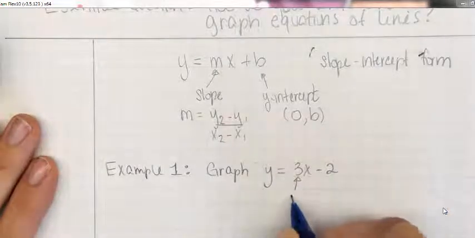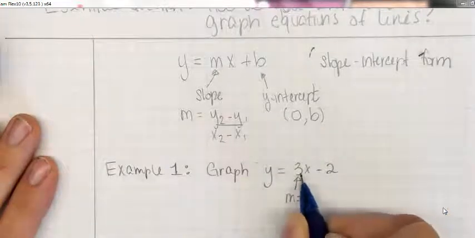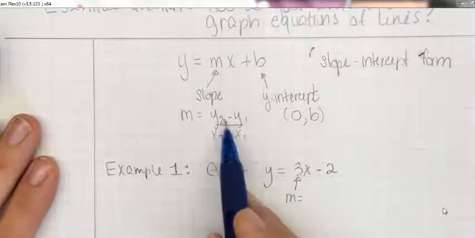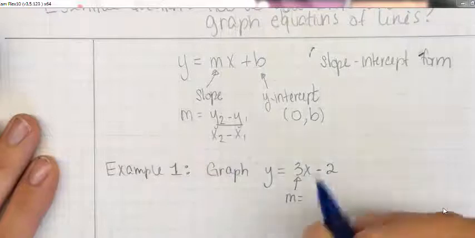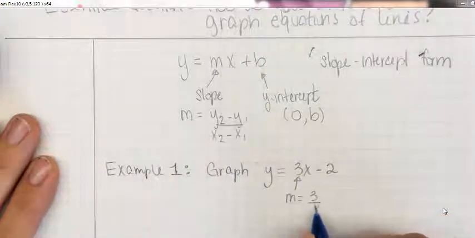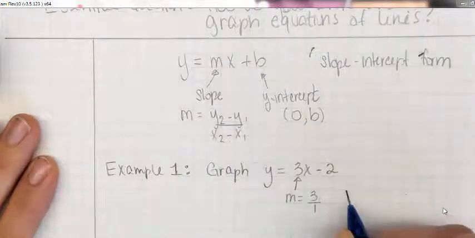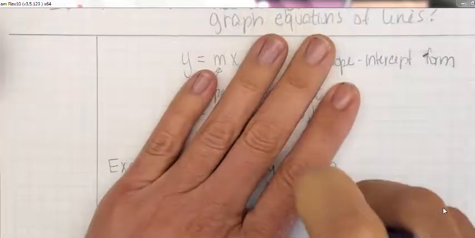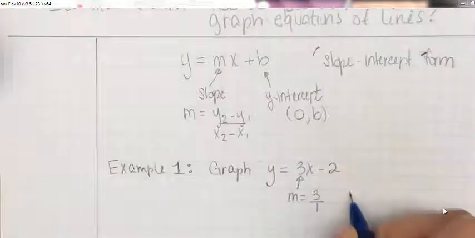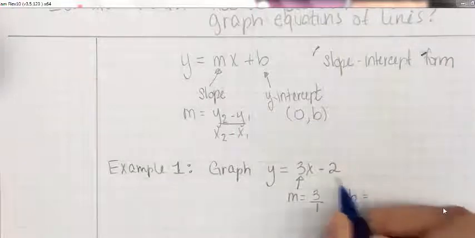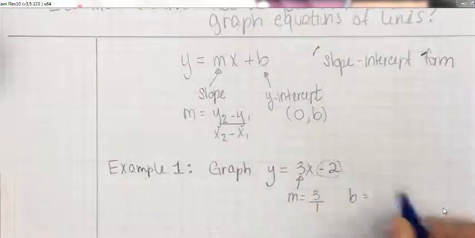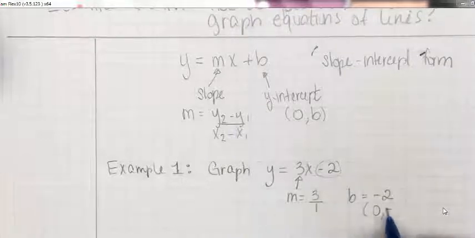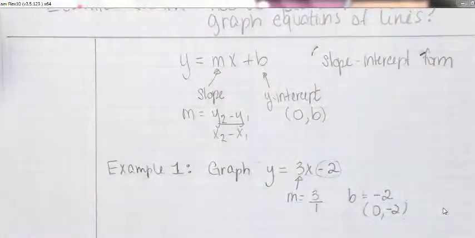Here my slope is 3, or because we always think of slope as rise over run, the change in the y over the change in the x, I can rewrite 3 as 3 over 1. And then my y-intercept is negative 2, or in other words, it can be written as 0, negative 2 as a point.